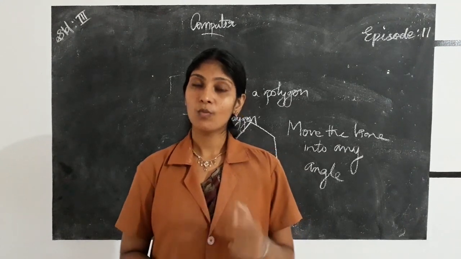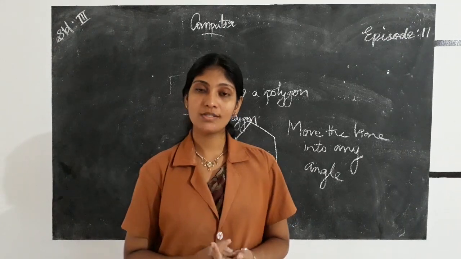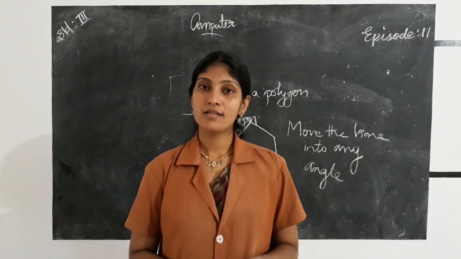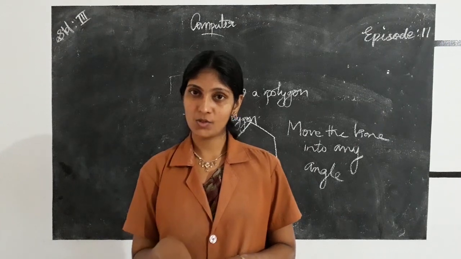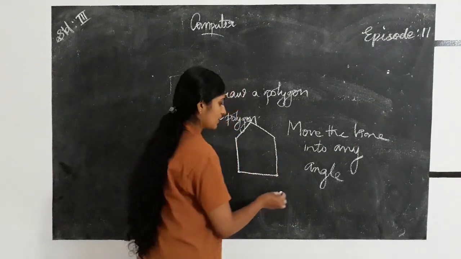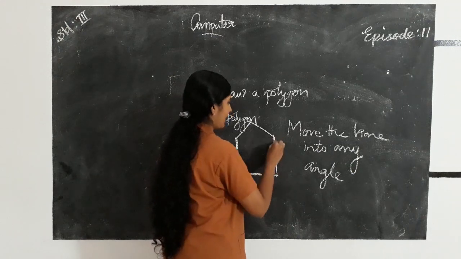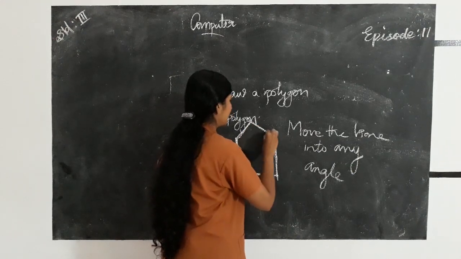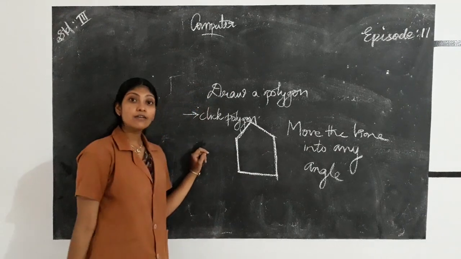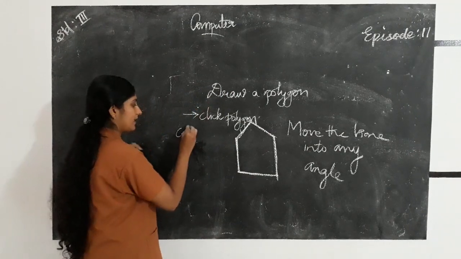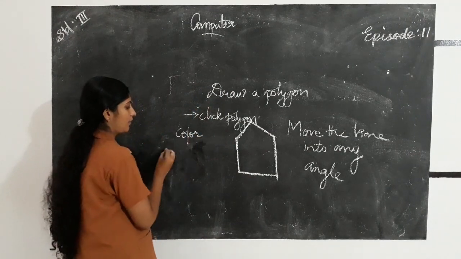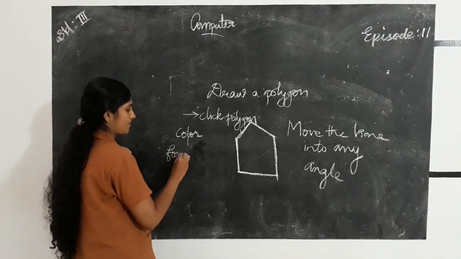Okay, first one, to change the outline. So what are the things to do to change the outline? Click on the selected shape. For example, this is your selected shape, click on this shape and then click on Color 1. Color 1 is the foreground color.